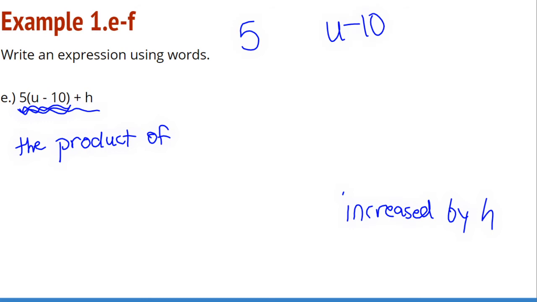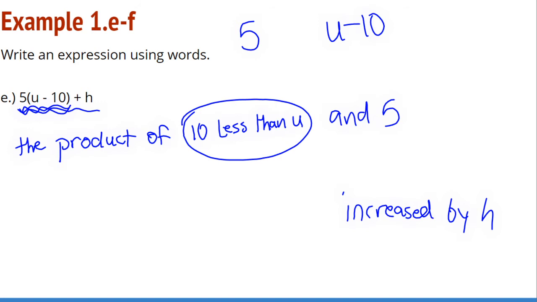So the product of 10 less than u and 5. So I've got 10 less than u, that's my parenthesis part. I'm multiplying it times 5, and then I'm going to increase it by h.